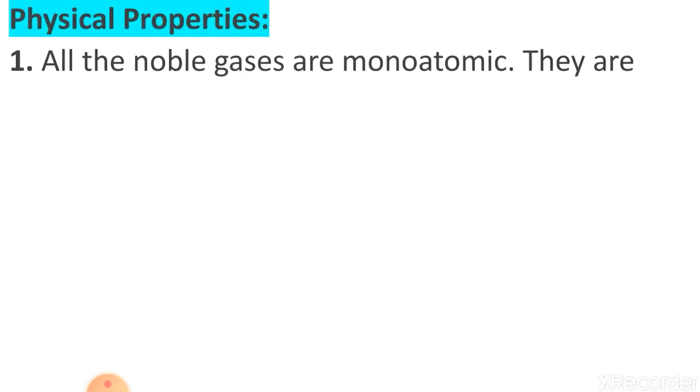Now students, next property, physical property. All the noble gases are monatomic. This you can calculate by MOT using the bond order formula. The bond order equals the number of bonding electrons minus the number of anti-bonding electrons, divided by 2.